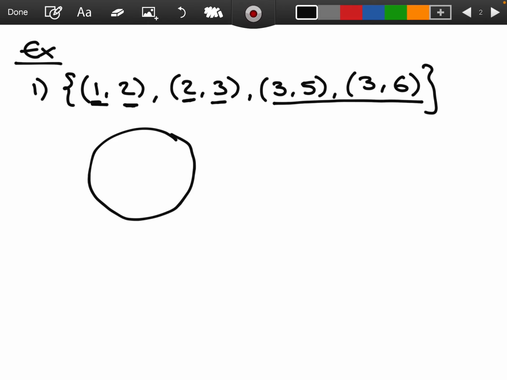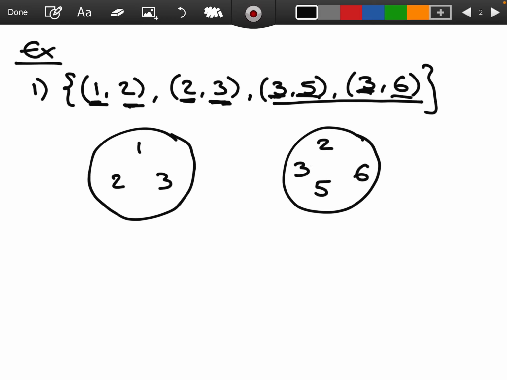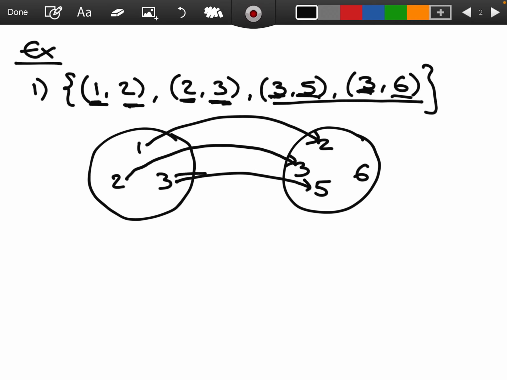If we think about this again in terms of a quick drawing, we're told that the first entries are in our domain. So we know that 1, 2, and 3 lie in our domain. It's telling us that 2, 3, 5, and 6 are in our codomain. 1 in our domain maps to 2 in our codomain. 2 in our domain maps to 3 in our codomain.